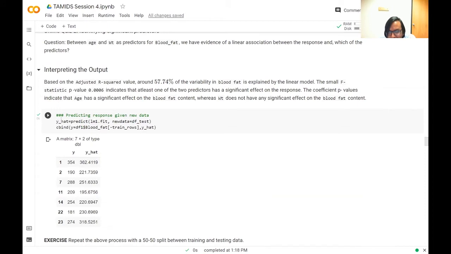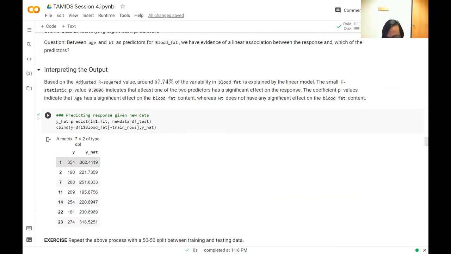So the predicted values are in y hat. So we can compare the actual values, that means the blood fat for the test data, and the predicted values, and I put them together into two rows using the cbind function. Now, if you want a numerical estimate of how well your method performed, you can look at the residual sum of squares that we looked at earlier.